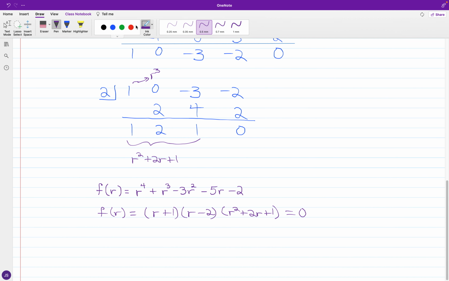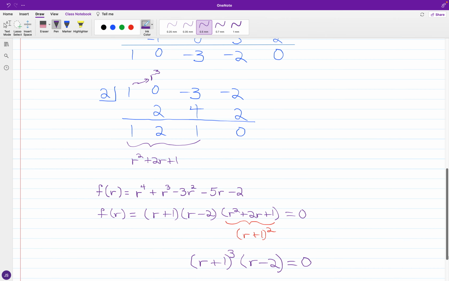And if I set this to 0, notice r squared plus 2r plus 1 is a squared trinomial. And notice I already have r plus 1 in play. So we have in the characteristic root equation terms r plus 1 times the square of r plus 1. We have the cube of r plus 1 times the quantity of r minus 2 is equal to 0.